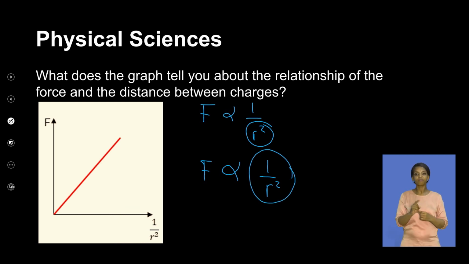So 1 over r squared is directly proportional to F, or F in principle is directly proportional to the reciprocal of the square of the distance between the charges. Hence, we get that linear graph. So when 1 over r squared increases, the force will also increase. This is the main idea as far as the distance as well as the product of charges, and Coulomb's law, are concerned.